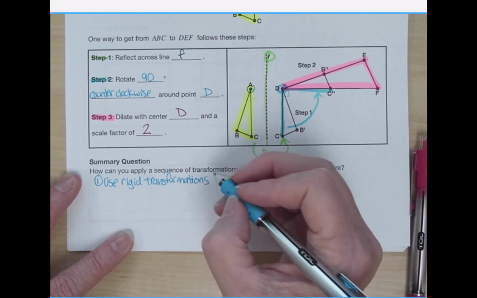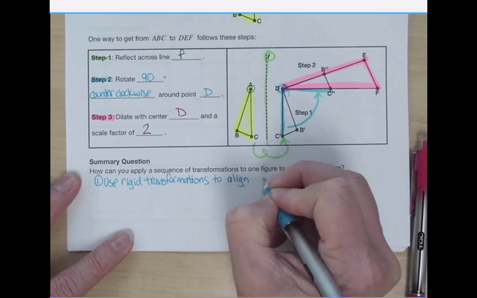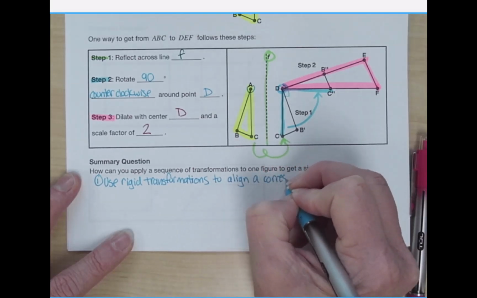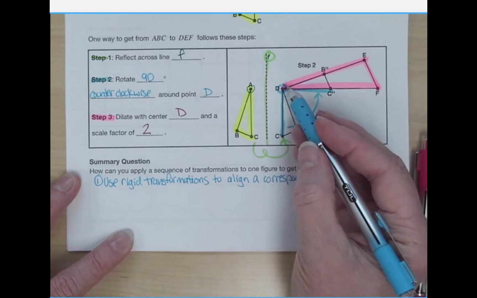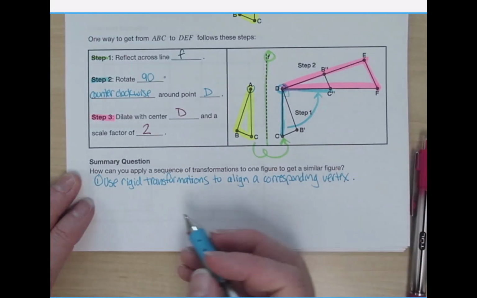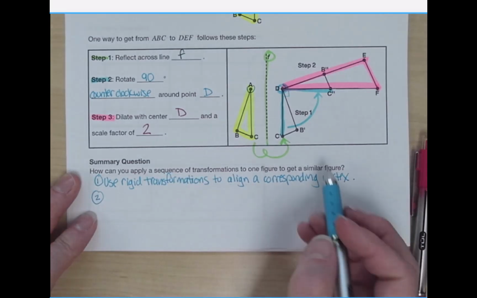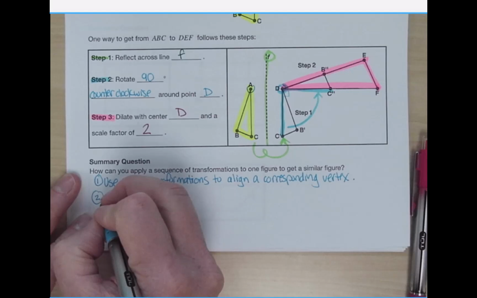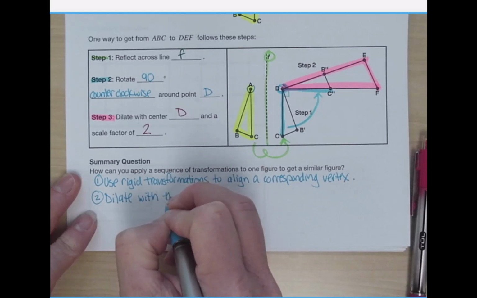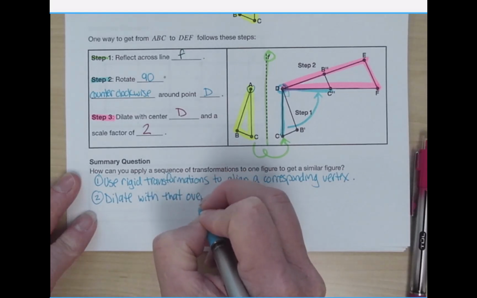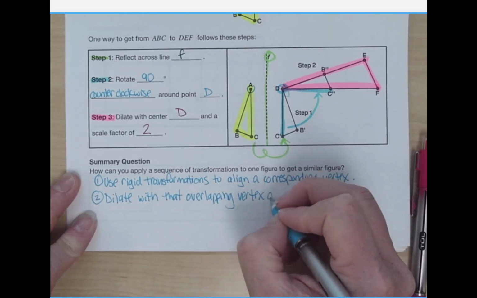Use rigid transformations to get a corresponding vertex aligned, like A and D here. And then dilate whatever vertex you lined up, make that your center of dilation. Dilate with that overlapping vertex as the center of dilation.